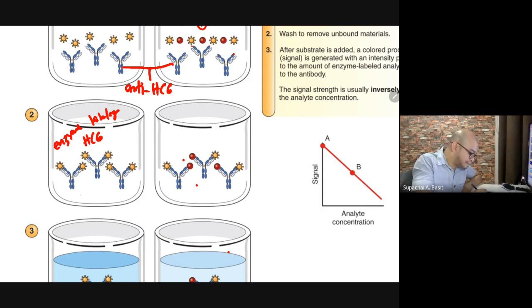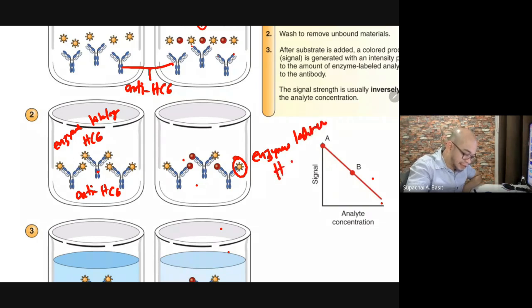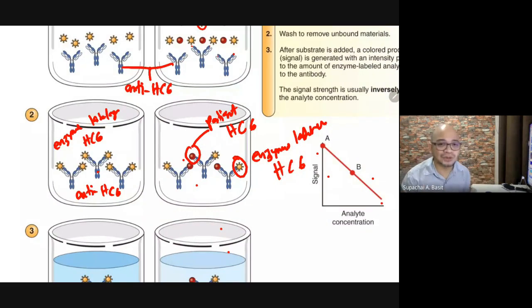They can freely bind to anti-HCG. Whereas for a positive patient, you have the enzyme-labeled HCG plus you have the patient's HCG. And we wash it, and those antigens that are unbound will be removed. So wash to remove unbound antigen.